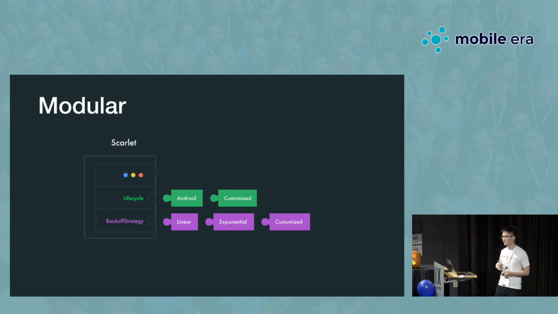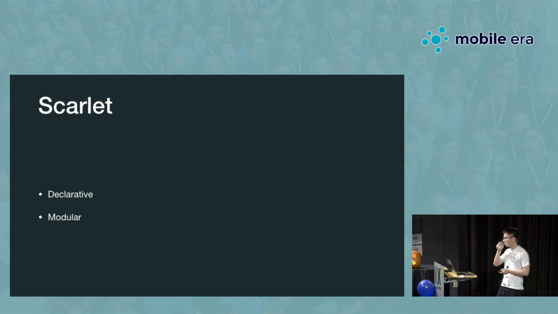These plugins allow Scarlet to take over state management for you so that you don't need to write any spaghetti code. More on this later. Just to recap, Scarlet is declarative and modular, and it makes WebSocket on Android as simple as 10 lines of code.